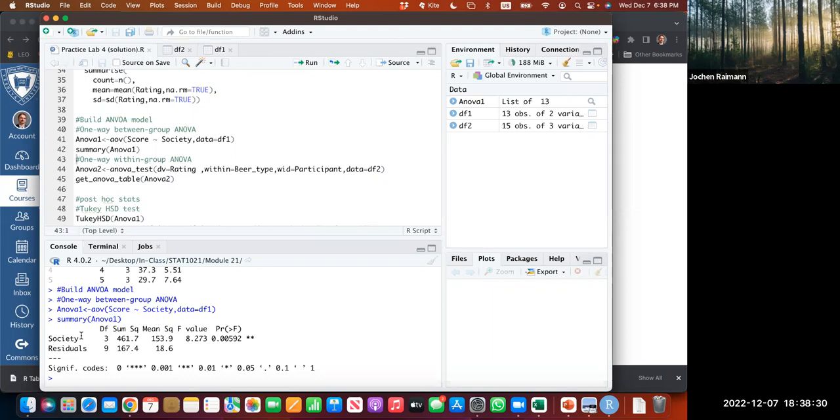So on the source table, you basically have your different categories. You have your between groups variance, you have the sum of squares, you have your degrees of freedom, you have your mean squares, which is basically this divided by this. Then you have your F, which is the ratio of between groups over within groups variance.